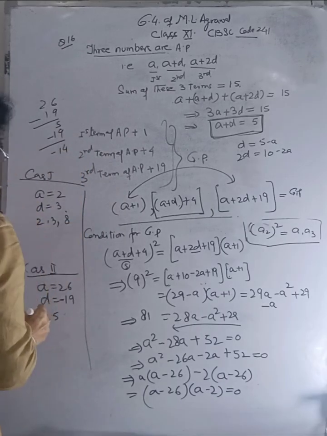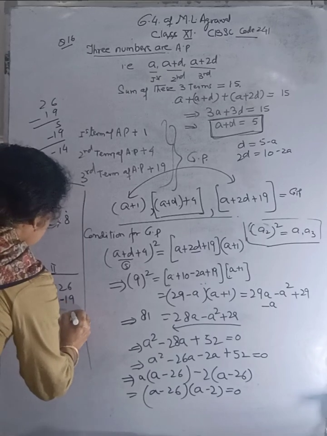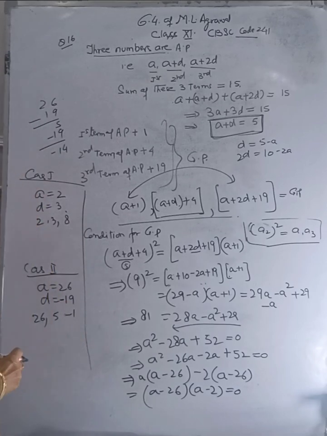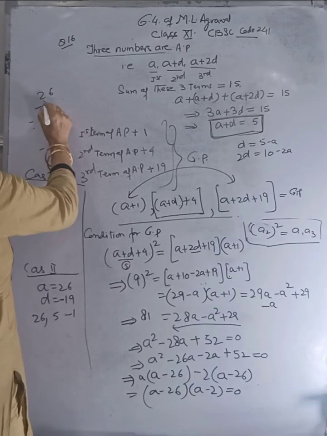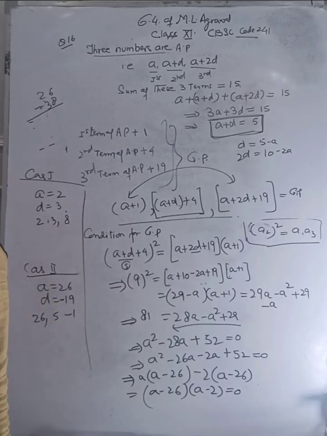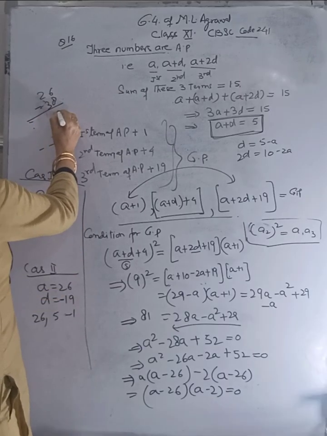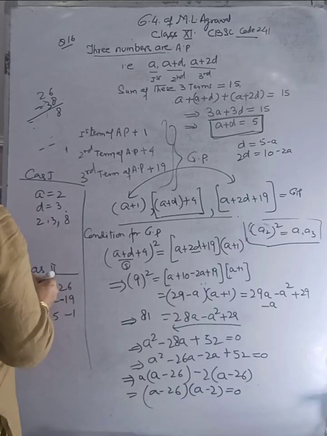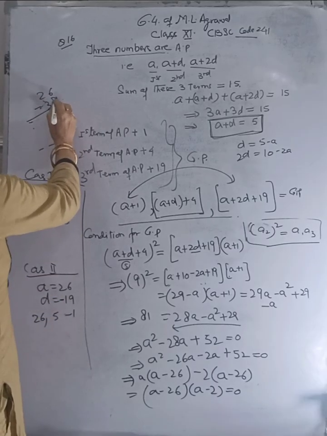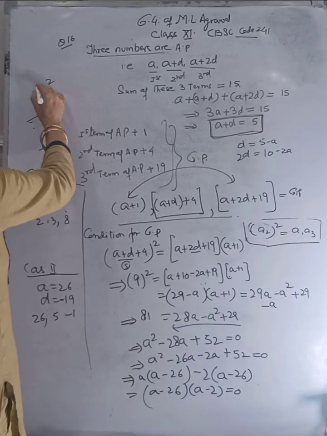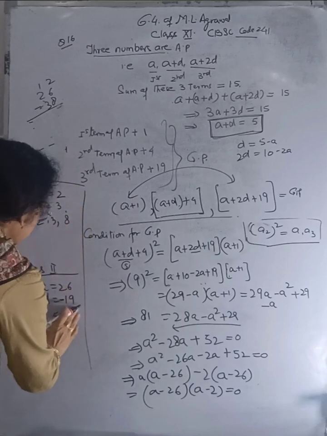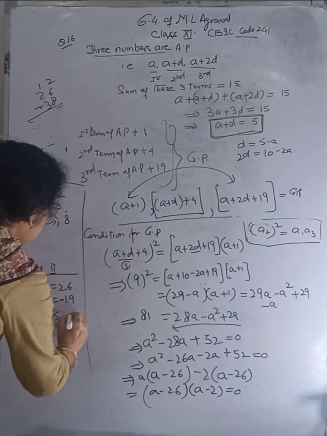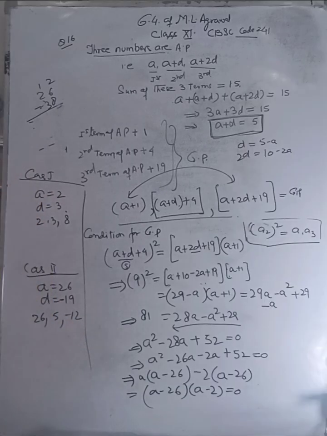A plus 2d, sorry. This will be 26 minus 38, that is minus 12. This will be the answer.